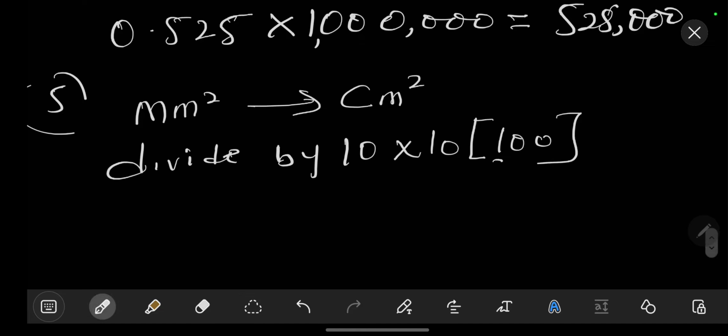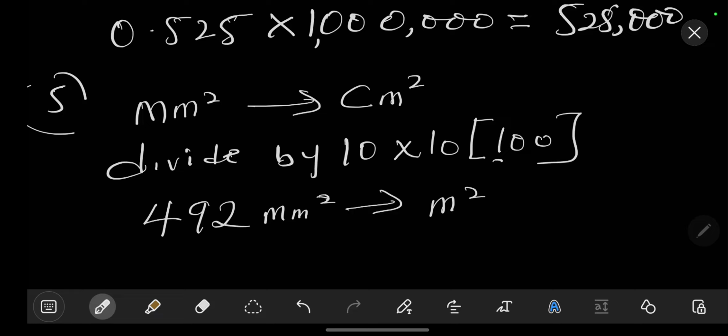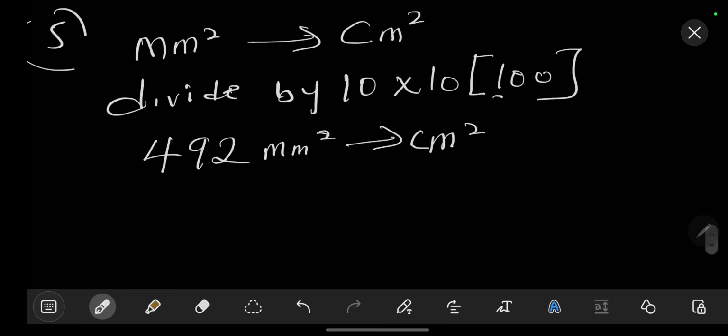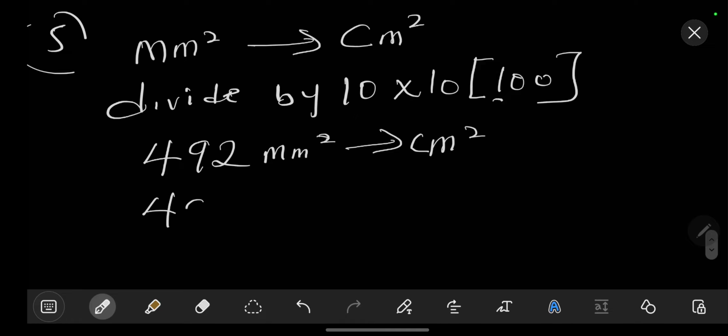Now let's say we want to convert any random value like 492 millimeter square, because millimeter square is smaller than centimeter square, to centimeter square, beg your pardon. To do that, you have to take this value, which is 492, and divide it by 100.